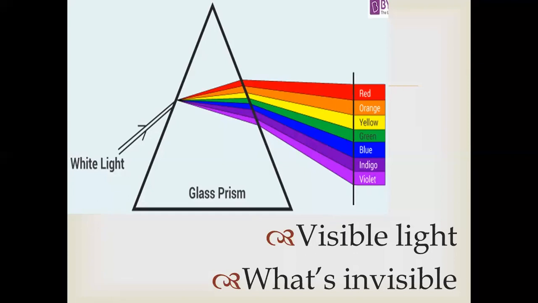What is visible light? The light that we can see and the light that helps us to see things. You are also quite familiar with the word spectrum. What is the spectrum of white light? That is nothing but the rainbow. The white light splits into its components and we are able to see the 7 colors.